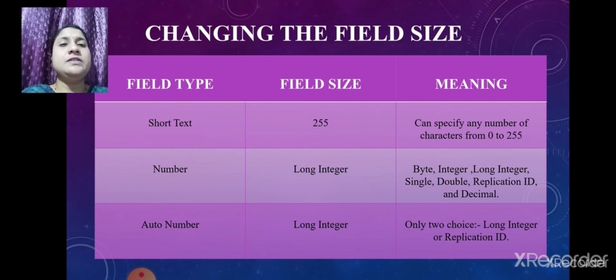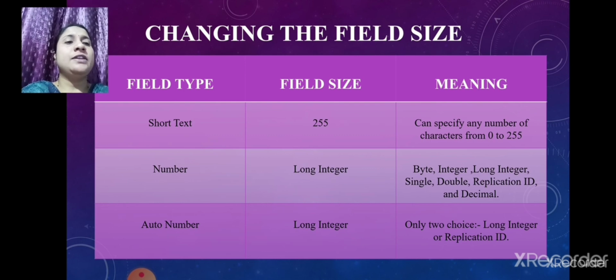For short text we use 255 size, and you can specify any number of characters from 0 to 255. Then for number, the field size is long integer. You can use byte, integer, long integer, single, double, replication ID, and decimal in numbers.